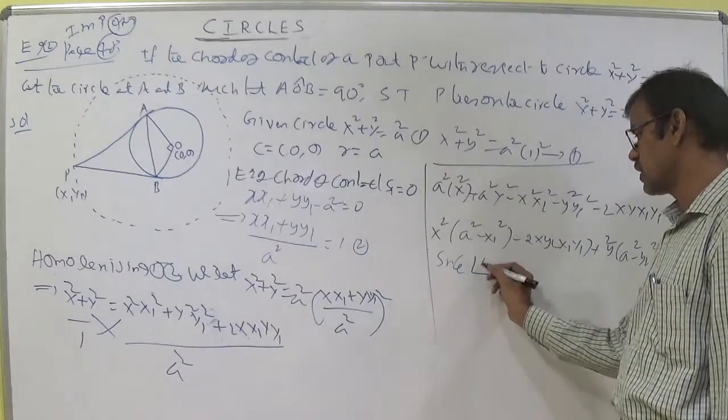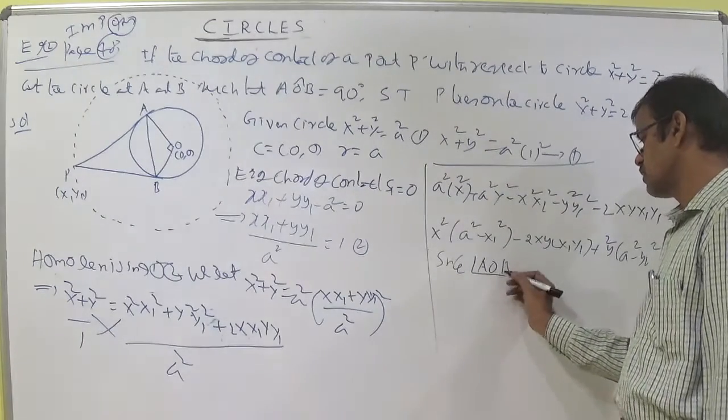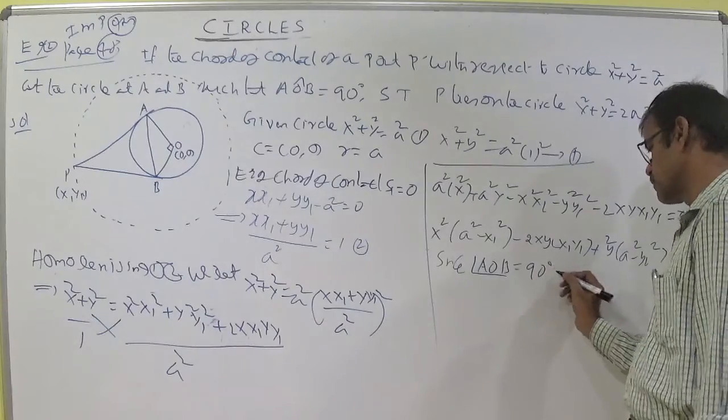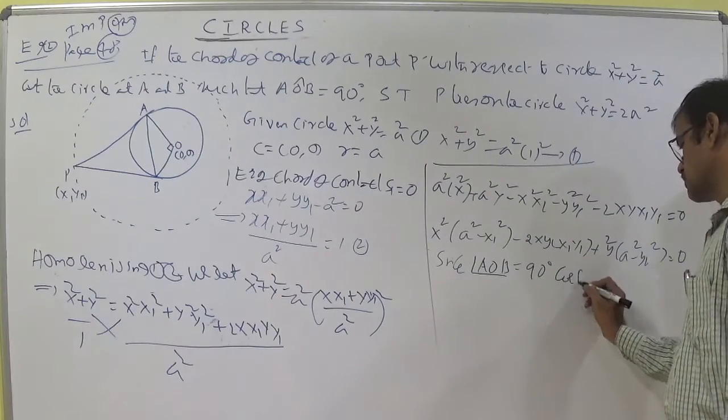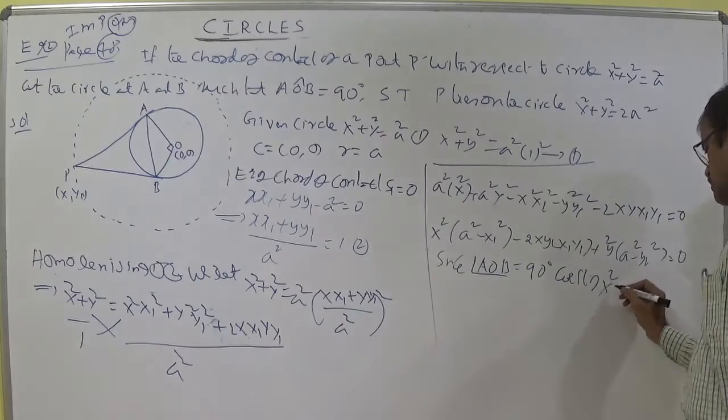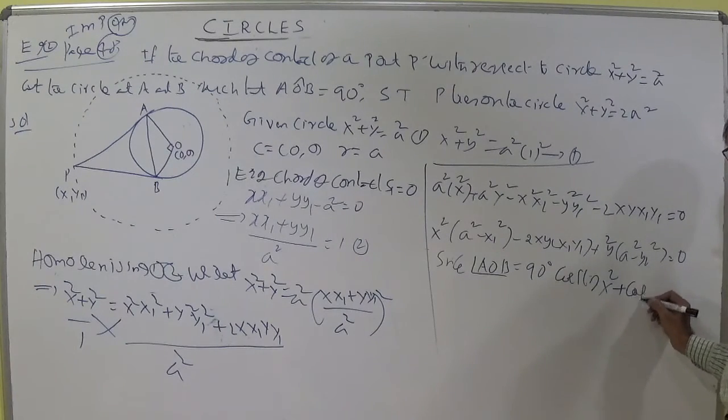Since angle AOB is equal to 90 degrees, write coefficient of x² plus coefficient of y² equal to 0.